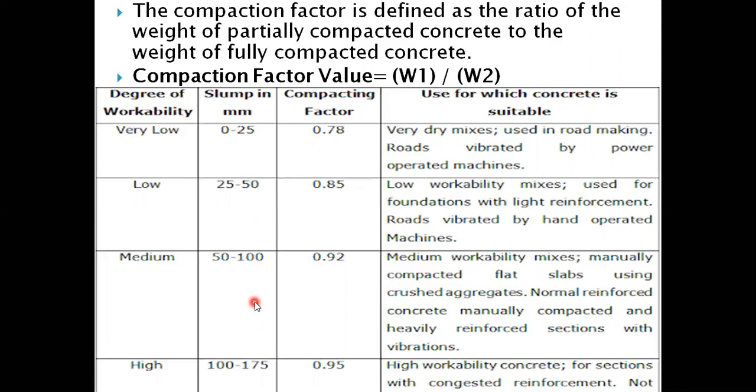So for this type of concrete, having low workability and low water cement ratio, we can perform the compaction factor test to determine the workability of a concrete. So it is all about the methods useful for determination of workability of a concrete.